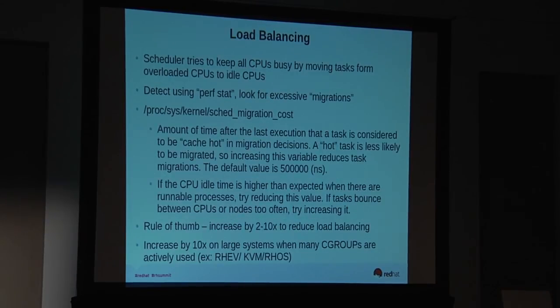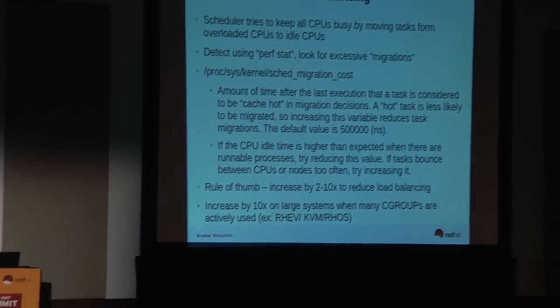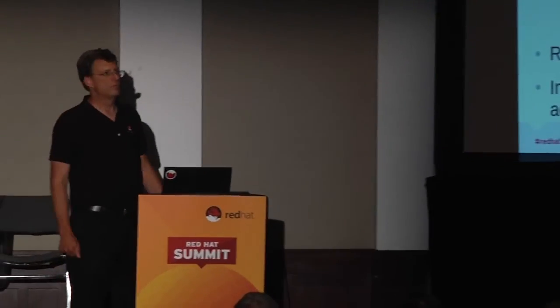Another one is load balancing. When a CPU goes idle, rather than just letting that CPU do nothing, it looks around at all the other CPUs on the system and sees if their load average is greater than 1. If they have extra work, then it will try to migrate that work over to its CPU, so you don't end up with multiple idle CPUs on the system and multiple CPUs with queues of work greater than 1. However, this is a trade-off.